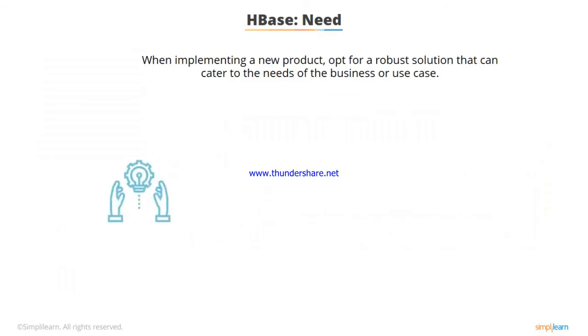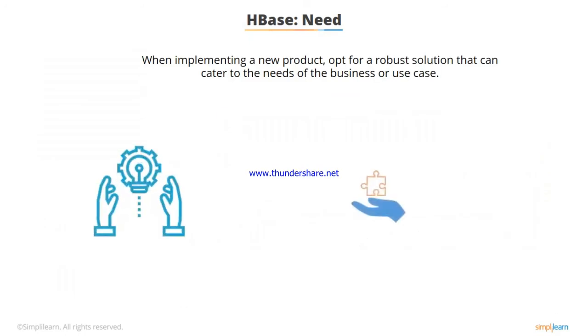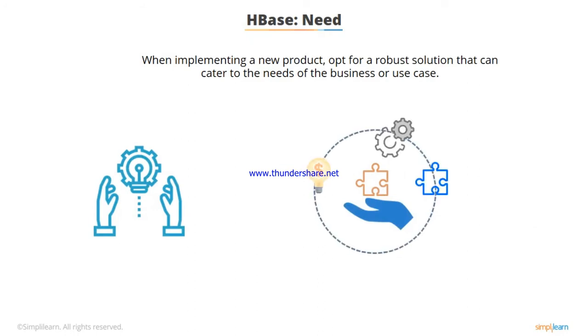So, when implementing a new product, opt for a robust solution that can cater to the needs of the business or use case. One should evaluate the considered solution in certain dimensions to classify its strengths.